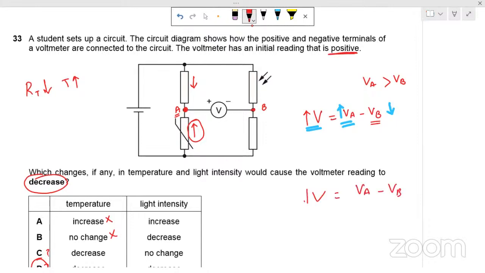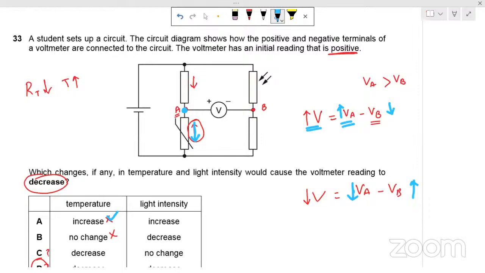We can decrease this voltage by decreasing VA or increasing VB. So we want to decrease VA. If we want to decrease the voltage across this, we should decrease this resistance. And that resistance is decreased if temperature is increased.